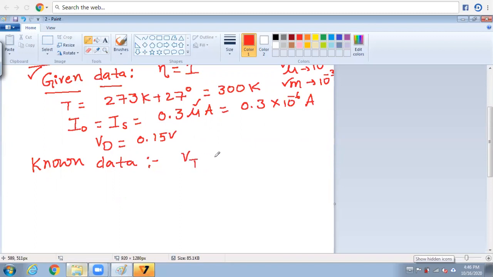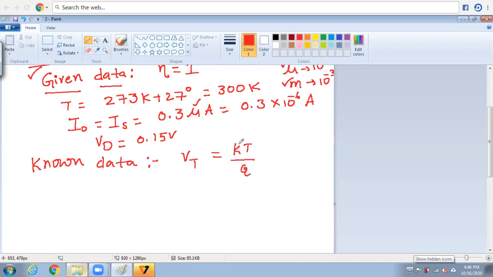VT is also called thermal voltage or volt equivalent of the temperature. So simply you can write kT by q.